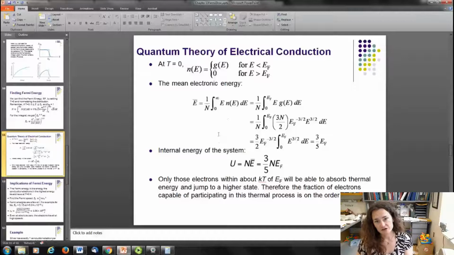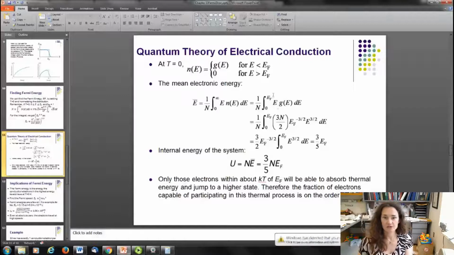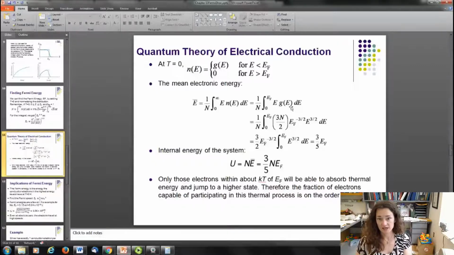If you're integrating for temperatures right at absolute 0, then it's only going to go up to the Fermi energy. So here we have 1 over N, integral from 0 to the Fermi energy, of the energy itself, what we're trying to find the average of, times our density of states, and we integrate that. If you perform that relatively simple integration, you can see that you get a value of 3/5 of your Fermi energy for your average or mean electron energy, okay?